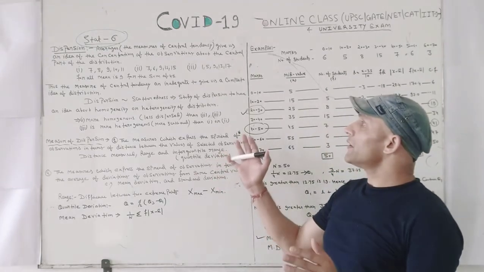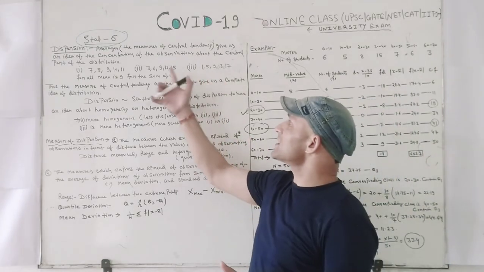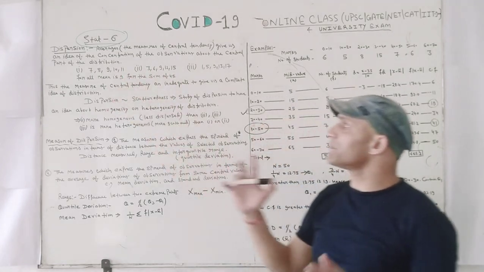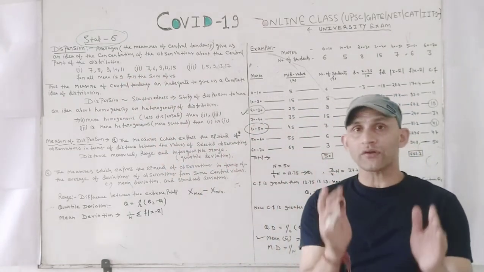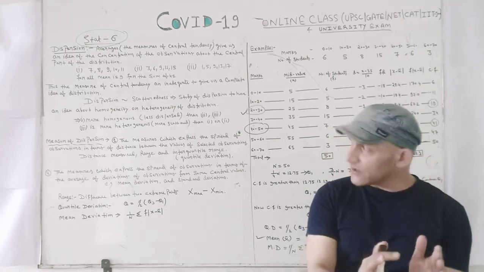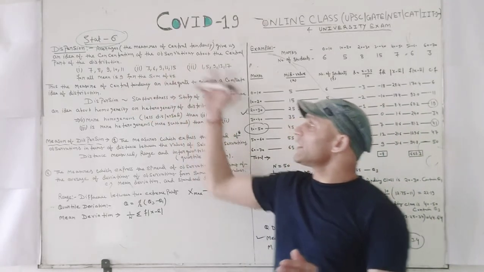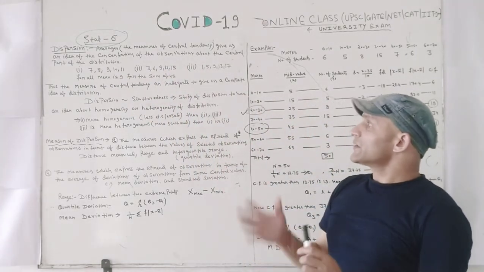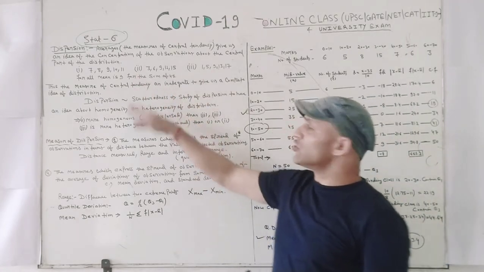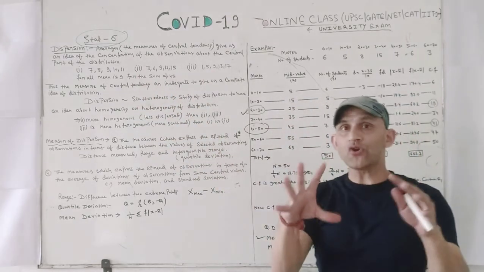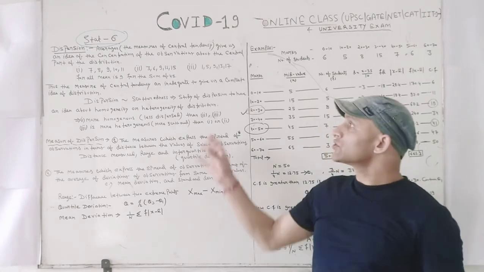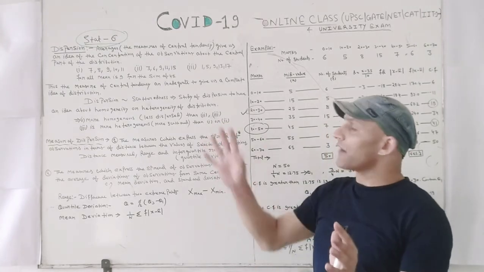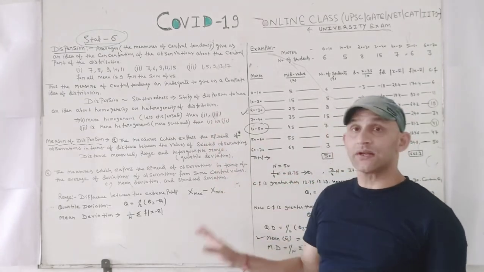For example, if this data and this data and this data all have a mean of 9, we are not getting any conclusion. So after that there is a new study, how your data is scattered, and you can find a conclusion with the help of this theory.